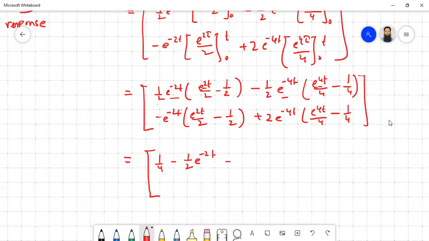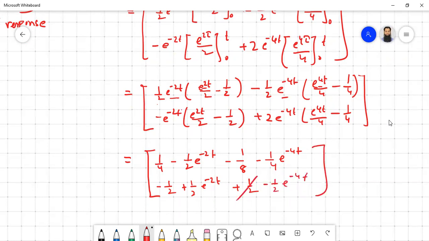You multiply, then minus. Okay, so 1 by 8 minus 1 by 4 e to the power minus 4t. In the second one, minus half will be coming, then minus plus half e to the power minus twice t. Then you have plus 2 into 4, so basically half will be coming again. Then you will have half minus half e to the power minus 4t.